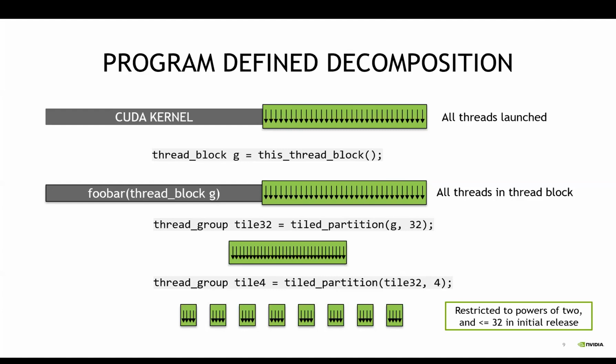There's a question in the chat that says, do the tile 4 operations then correspond right now to sub-warp SIMD? I think I would answer that question with yes. In other words, certainly a tiled partition which consisted of 4 threads is something that's less than a warp. And as we'll see, if we do any operations on those, those operations are happening at the sub-warp level.